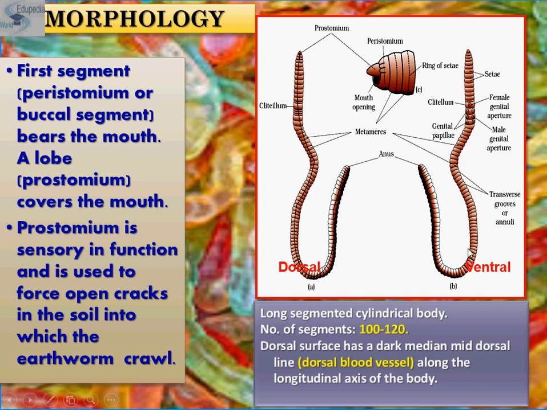So it has a long segmented cylindrical body, and the number of segments is around 100 to 120 metamers. The dorsal surface has a dark median mid dorsal line, which we call the dorsal blood vessel, along the longitudinal axis of the body.